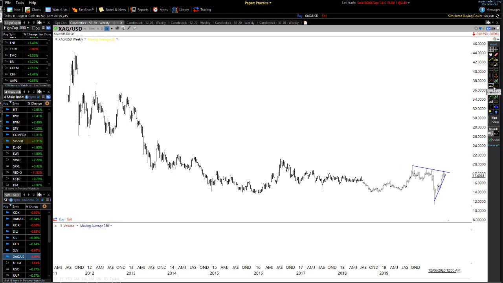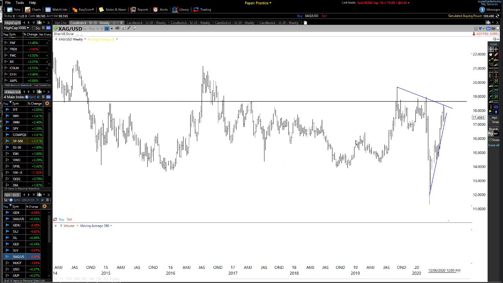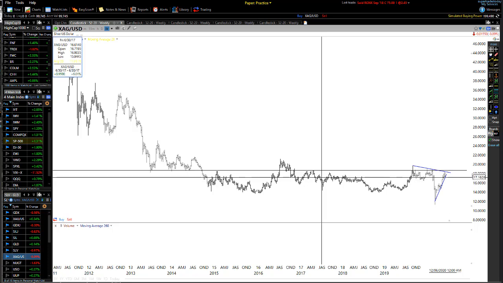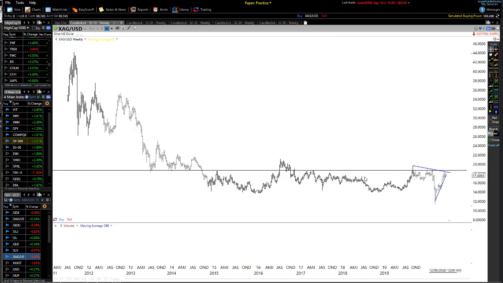I also truly believe that silver is going to do the same thing, or not all-time new highs, but once we start to break that $20 level, maybe even a bit lower, there's a major level at around $19 going back over time. I would say that's definitely going to be a significant level.